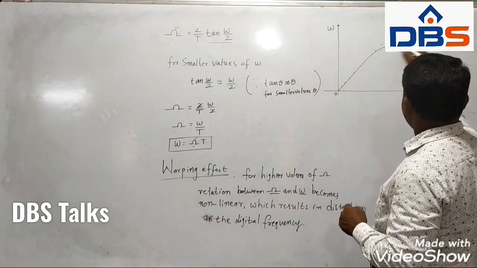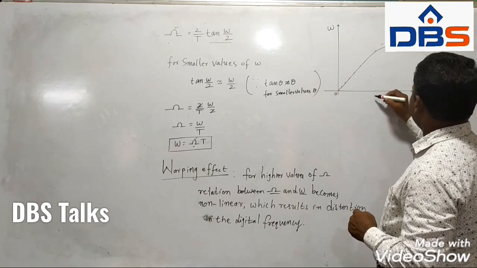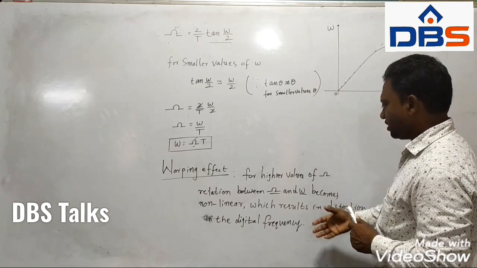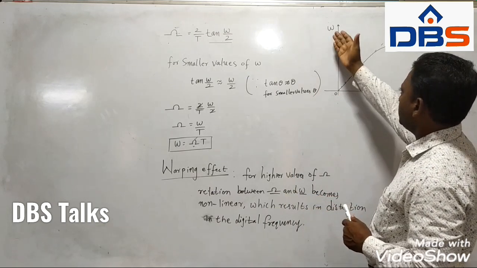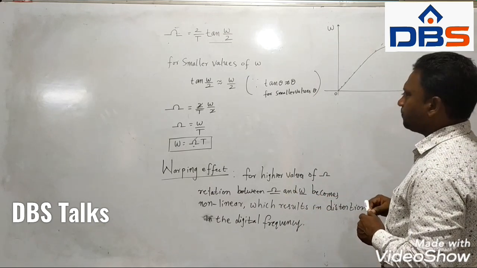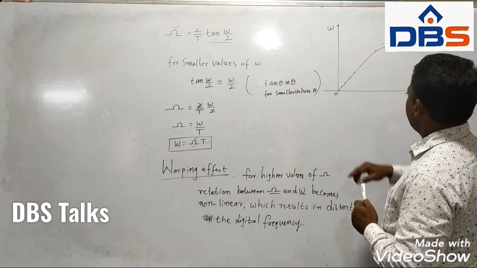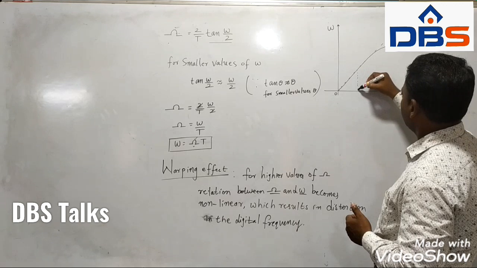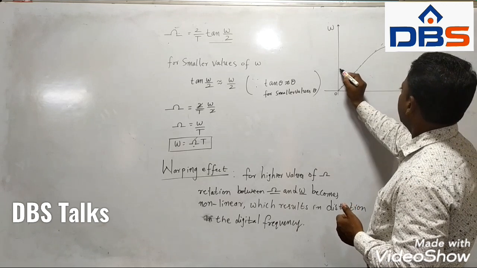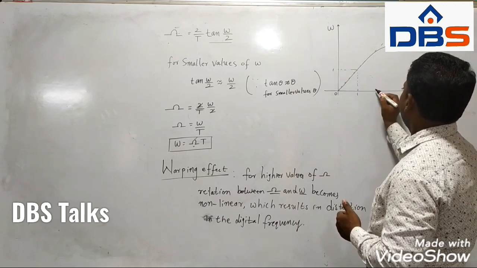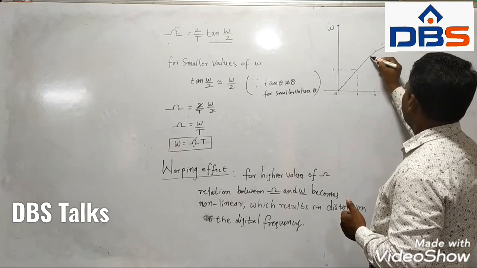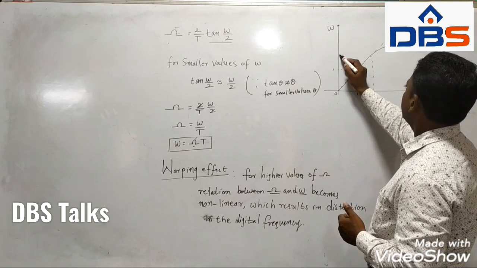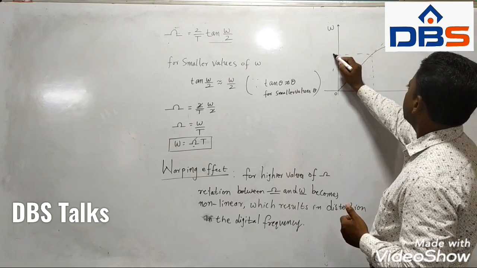So whenever it is deviating from the linear characteristics, a distortion is introduced in the digital frequency domain, because whenever it is linear, it is one to one. Suppose if it is 1, here also it is 1. If it is 2, here also 2. After that, what happens?